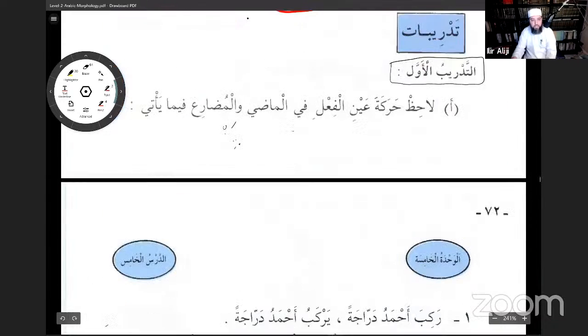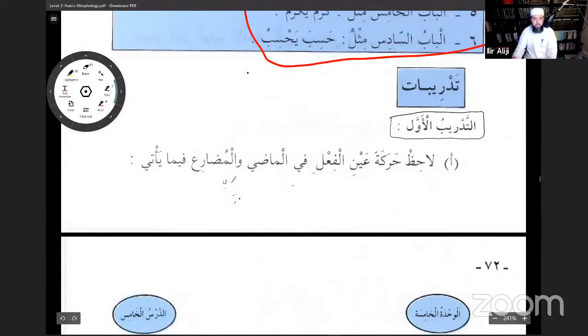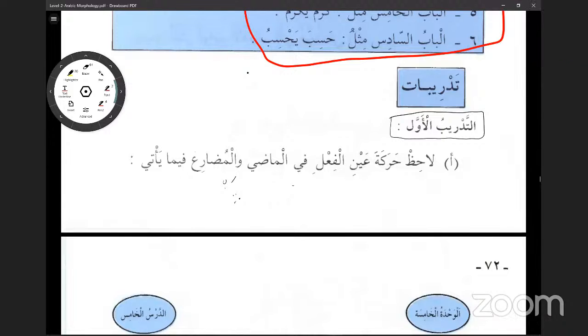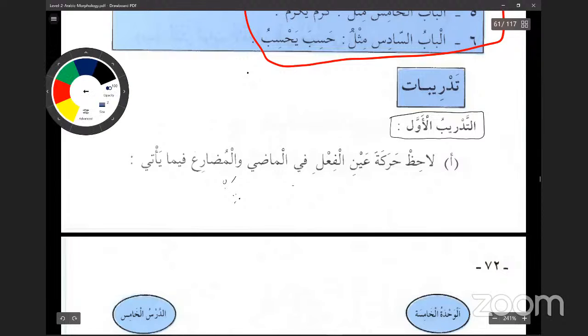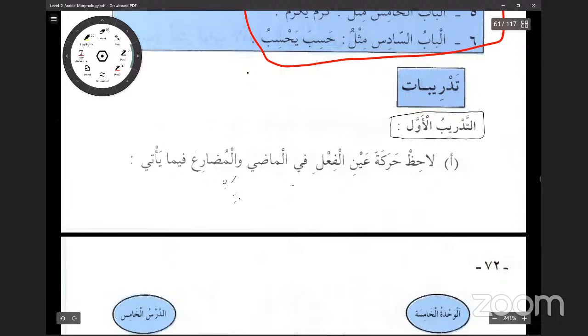Now we will start, inshallah ta'ala, with tadrib. And we will start with the first tadrib. And we will get down to work, inshallah. So at-tadrib al-awwal, the first tadrib, says: لاحظ, observe, حركة عين الفعل في الماضي والمضارع فيما يأتي. So لاحظ is a word that means observe.